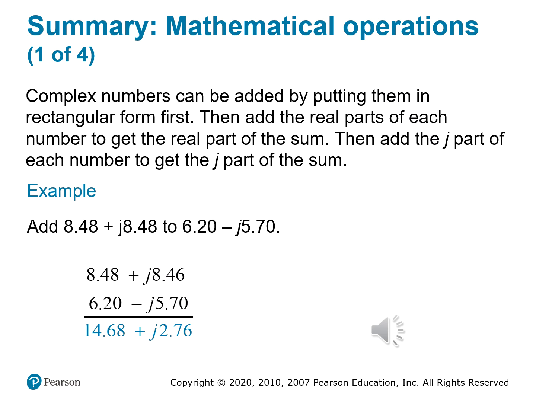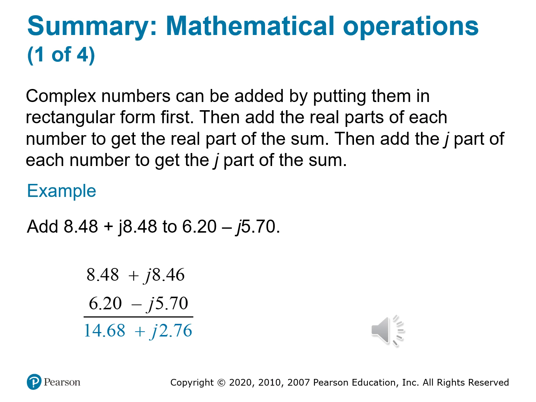So when you're working with complex numbers like 8.48 plus j8.46, and we're looking at that 6.20 minus j5.70, you treat them like vector components. So you add the real parts and you add the imaginary parts. The real parts are the 8.48 and the 6.20.